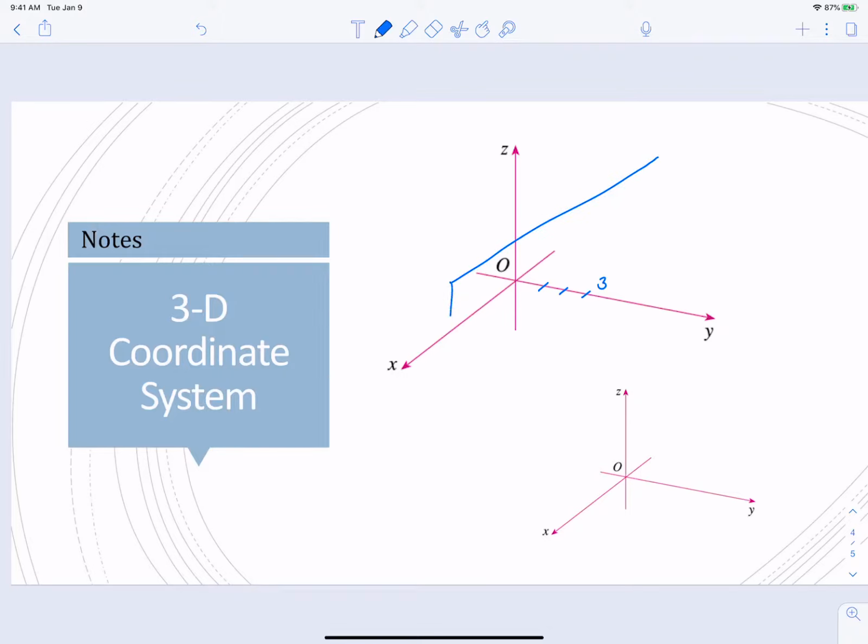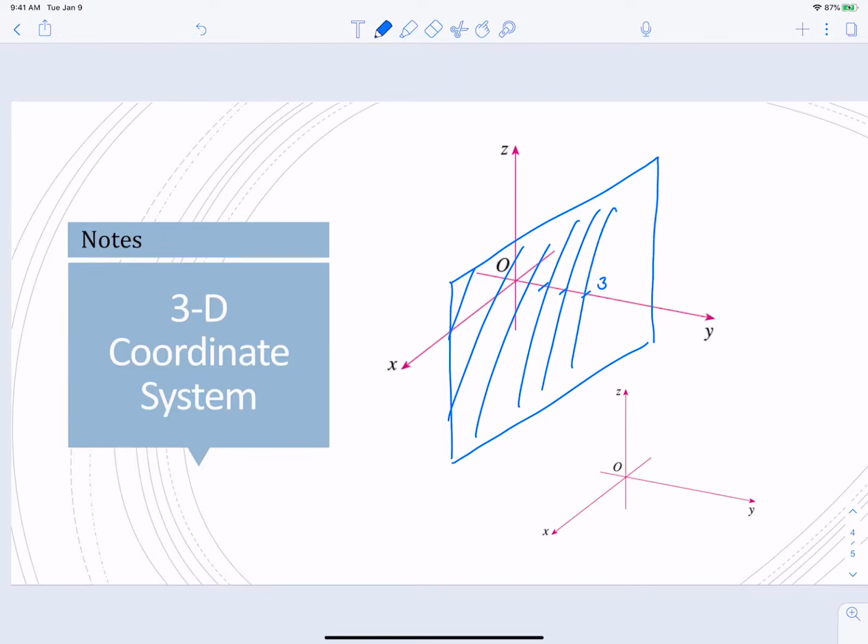If I wanted to draw the plane where y is always 3, look something like that, and we could say that y is equal to 3. So it is a vertical plane, and no matter what x or z is, y is always going to be 3.